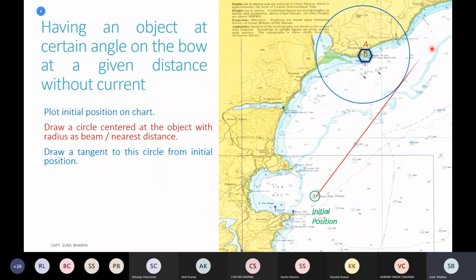Let's plot it. You can see this line from my initial position, tangent to the beam distance or nearest distance circle. Now this line which we see on our chart is our course to steer. This is the course to steer.